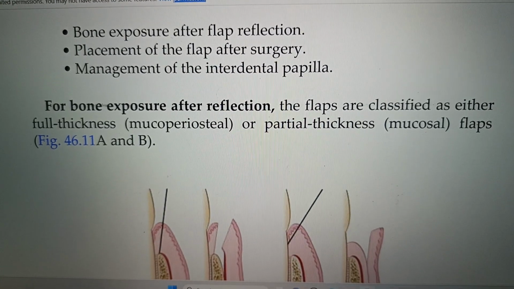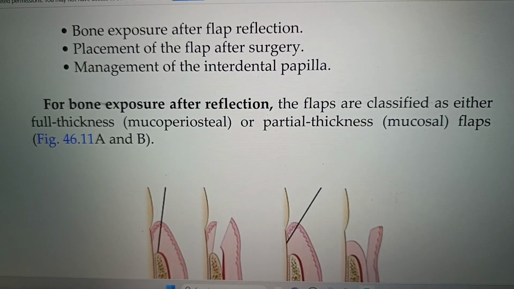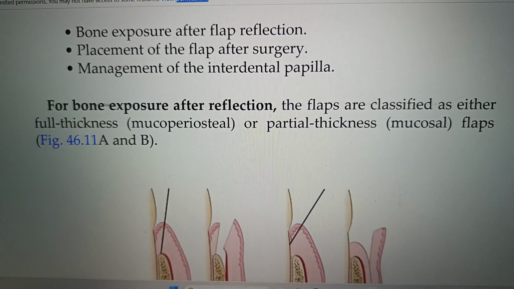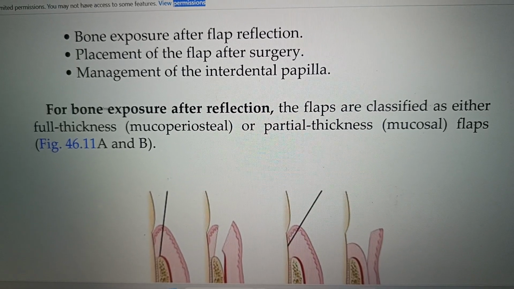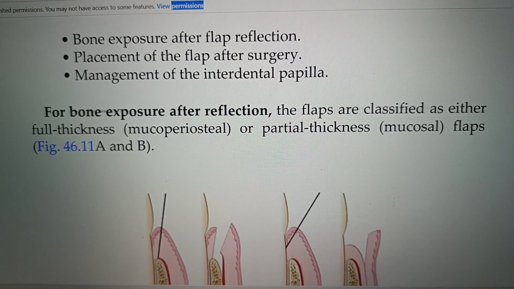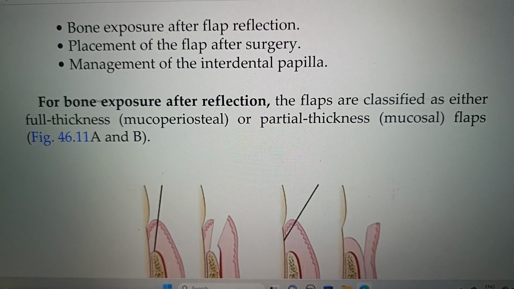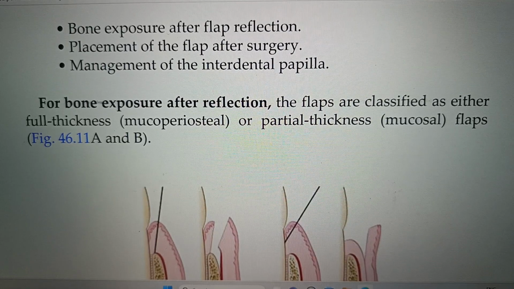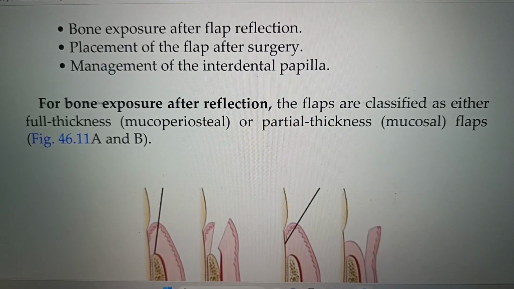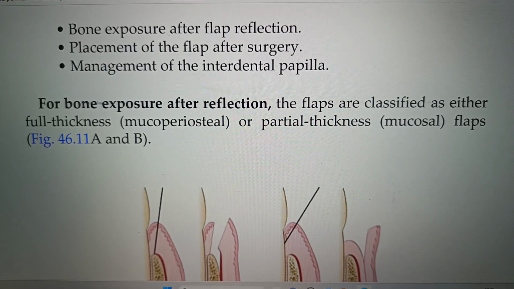So, types of flap. The flap is classified based on three different criteria. One is bone exposure after flap reflection. Another is placement of the flap after surgery. Then another is management of the interdental papilla. Depending upon the bone exposure, it is classified into full thickness and partial thickness.